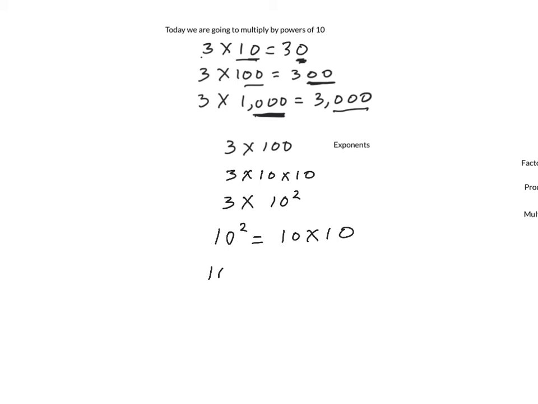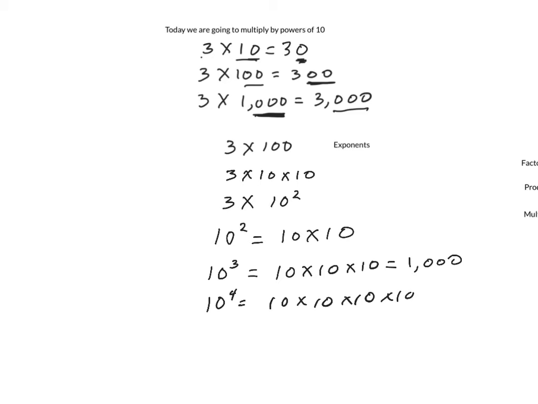And we can expand this out. 10 to the third power equals 10 times 10 times 10, which equals 10 times 10 is 100. 100 times 10 is 1,000. 10 to the fourth power would equal 10 times 10 times 10 times 10, which would equal 10,000, because 10 times 10 is 100. 100 times 10 is 1,000. 1,000 times 10 is 10,000.